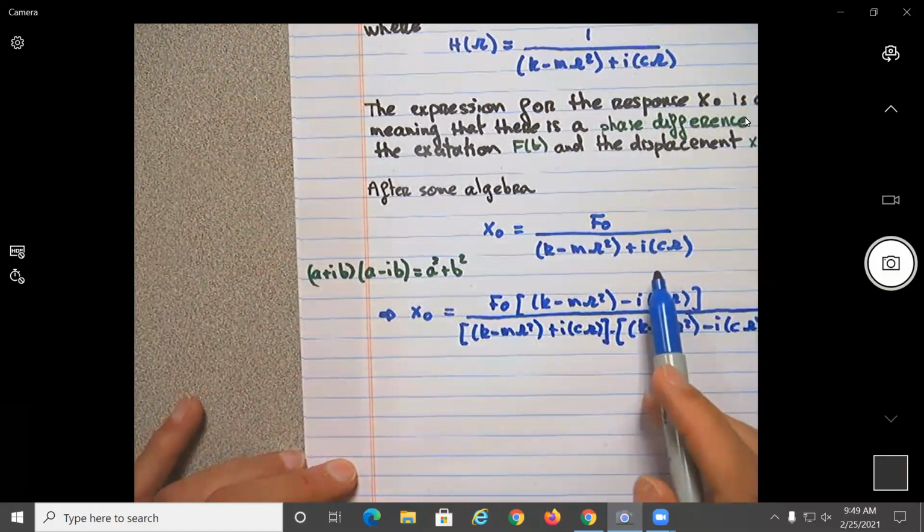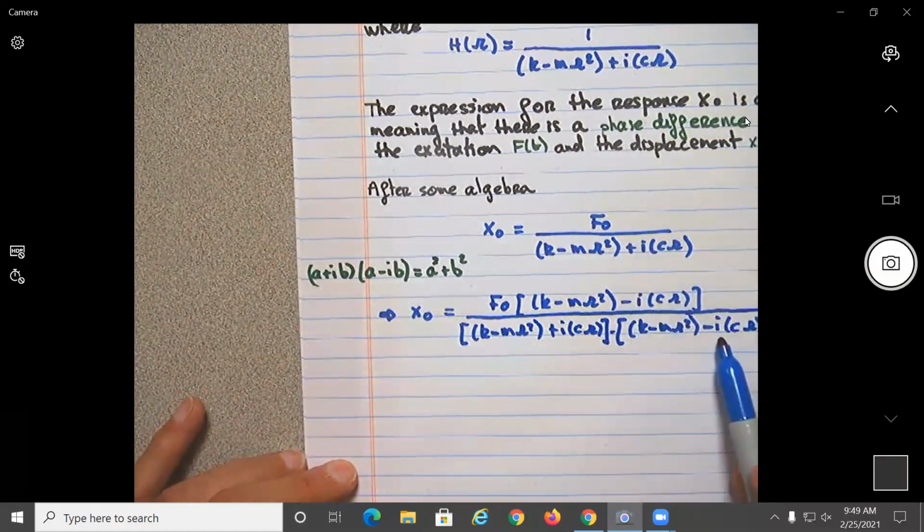So basically what I'm doing is multiplying top and bottom by k minus m omega square minus ic omega, no?